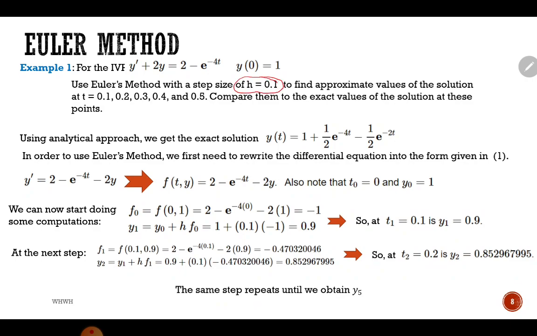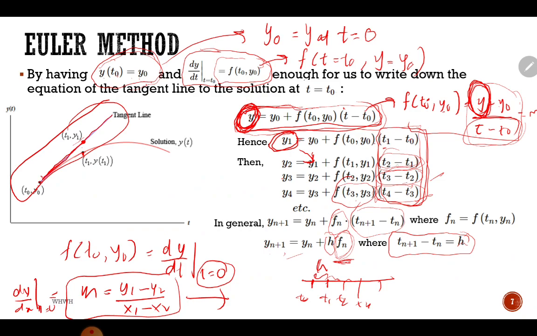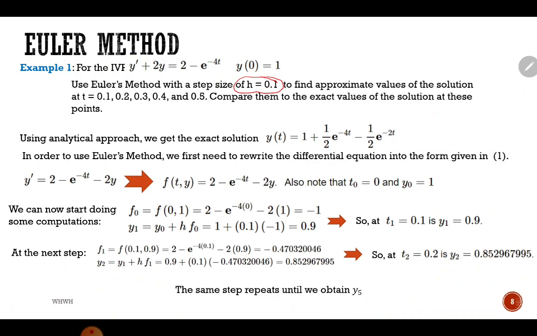This is the gap that I mentioned earlier: t1 minus t0, t2 minus t1 and so on, in general t(n+1) minus tn. With h equals 0.1, find approximate values of the solution at t equals 0.1, 0.2, 0.3, 0.4 and 0.5.